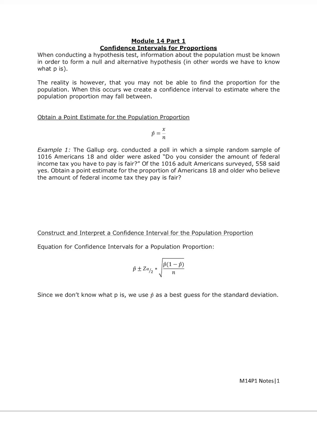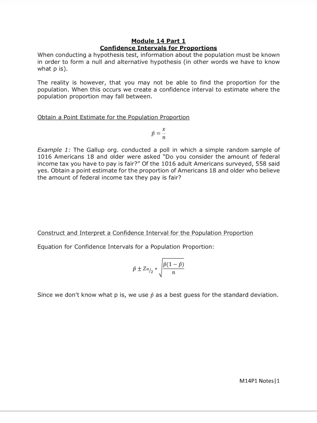The reality, however, is that sometimes you may not be able to find what the population proportion is because the study that you're doing has never been done before. So when this occurs, we can create a confidence interval to estimate where the population proportion may fall.